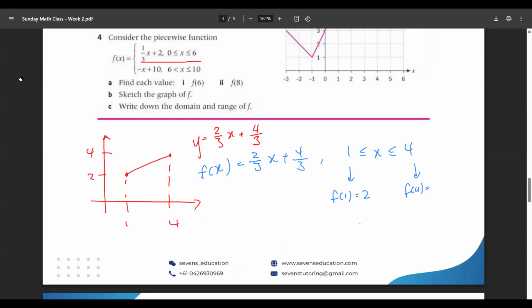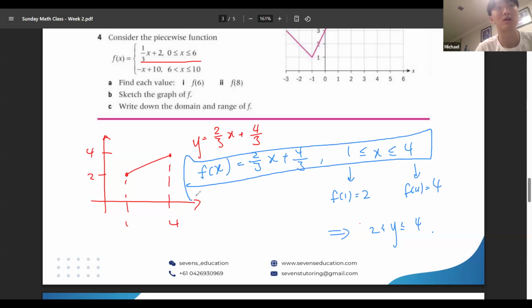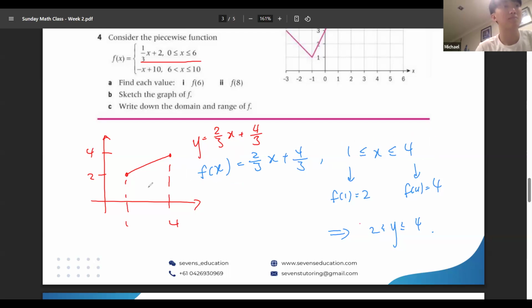Just look at the graph. We got this from the graph, and this is the boundary point. So it's just this point and this point, 2 and 4. So that gives you the domain, and that gives you your range, which is between 2 and 4. So in this straight line, you just have to worry about the domain, and unless it's asking you for the range, you don't have to write it out. This defines the function pretty well. All right, cool.